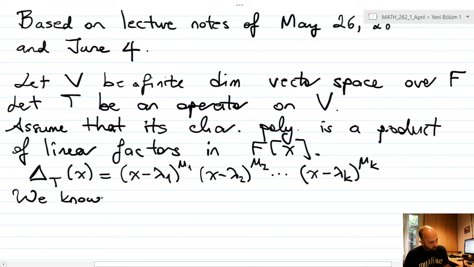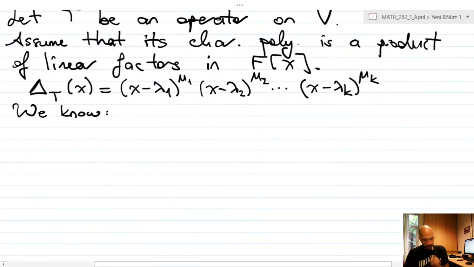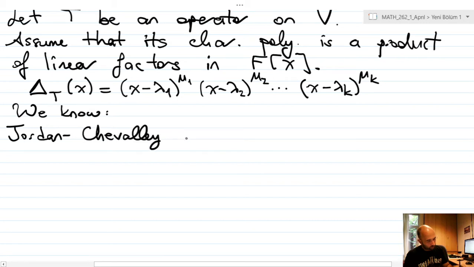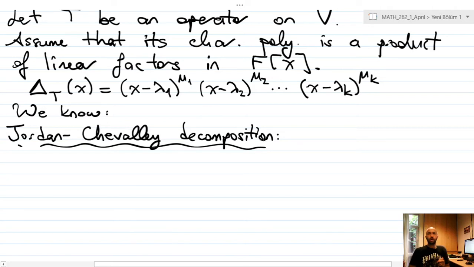One result that we got in the lectures was the Jordan-Chevalley decomposition. Okay, what does it say?